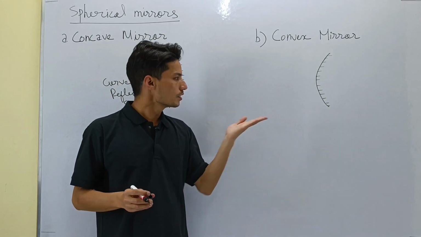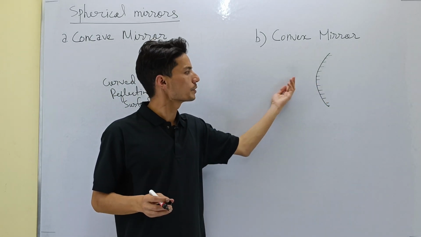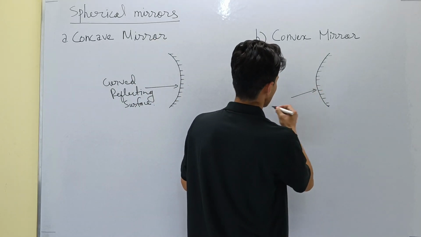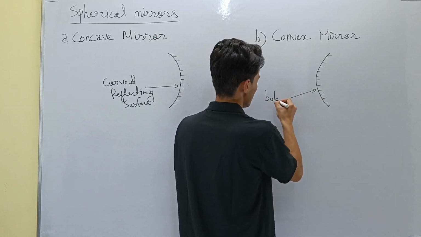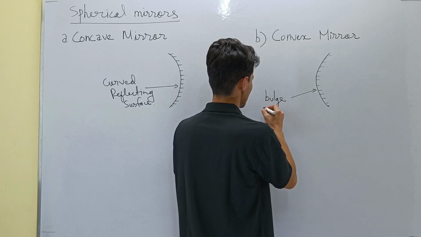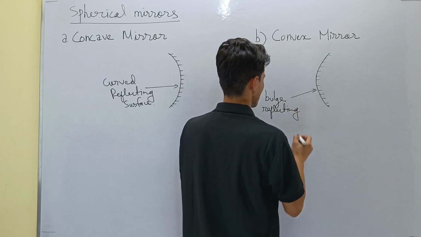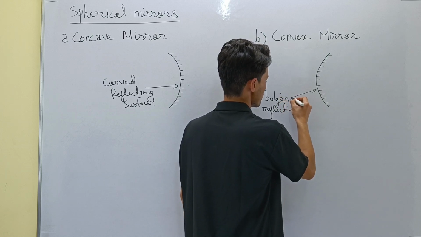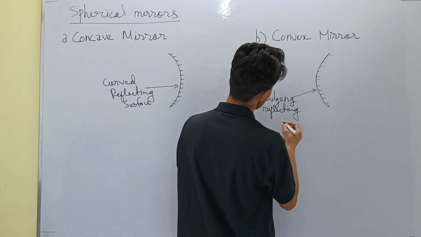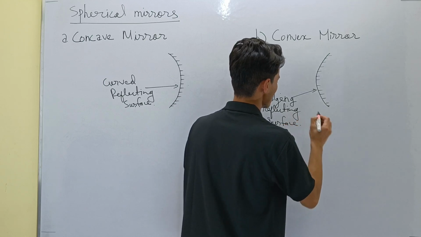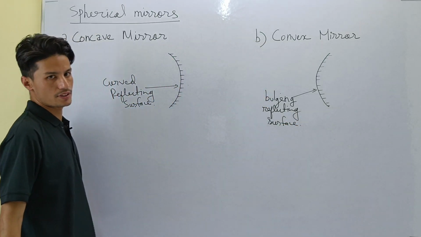So this is the back side, and this will be considered the front side. So it has a bulging reflecting surface. All right, so this is a convex mirror.